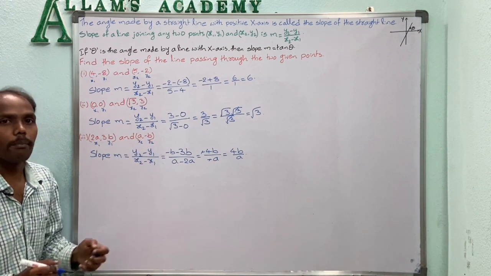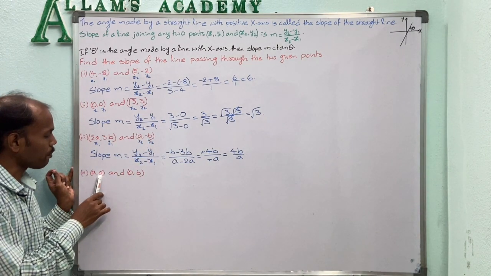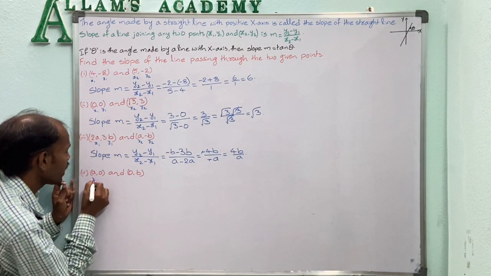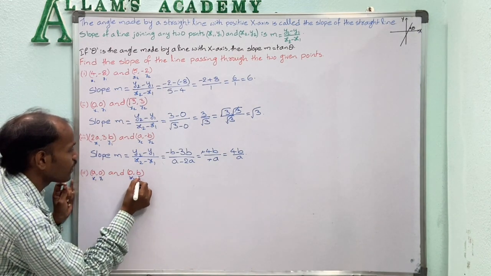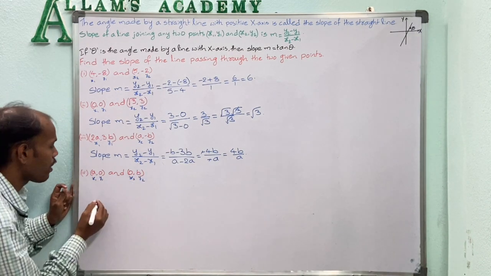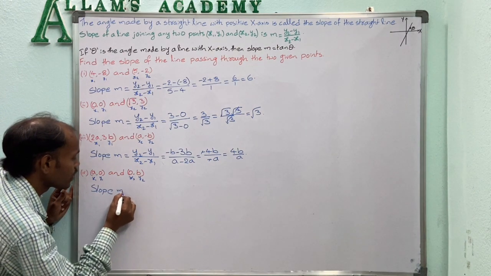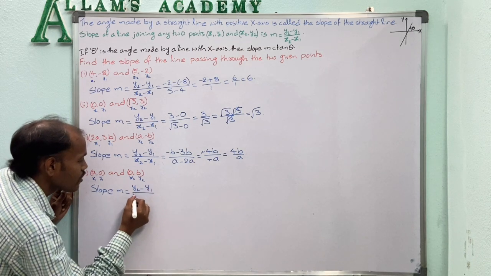Now finding the slope of the points (a, 0) and (0, b). So here the x1, y1 coordinates are (a, 0) and the x2, y2 coordinates are (0, b). Then slope m is equal to (y2 - y1) / (x2 - x1).